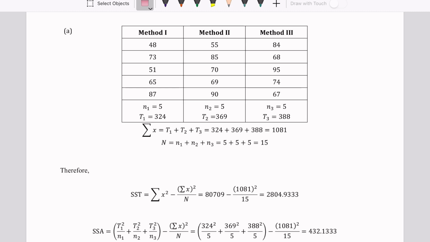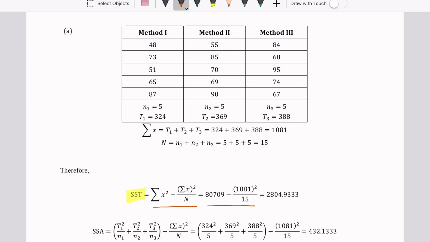To obtain the F calculated, we will start by calculating the value of sum of square. I always start with calculating the SST. Recall the formula for SST. You should be able to read the formula and substitute the correct information. I'm sure you know how to get this value by using a scientific calculator.